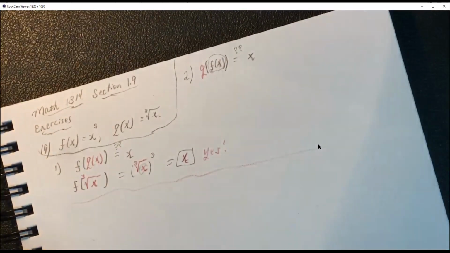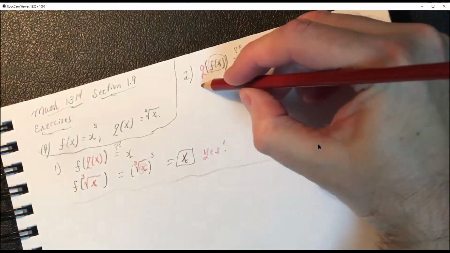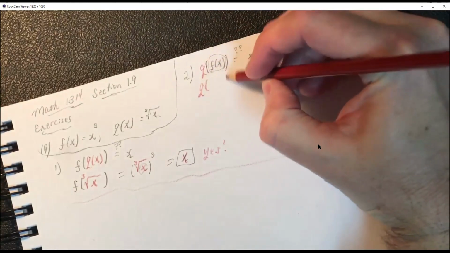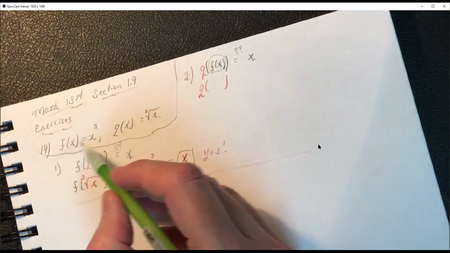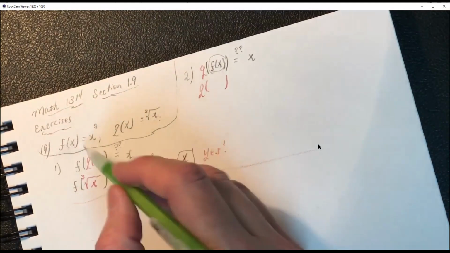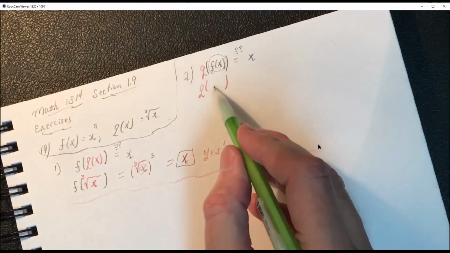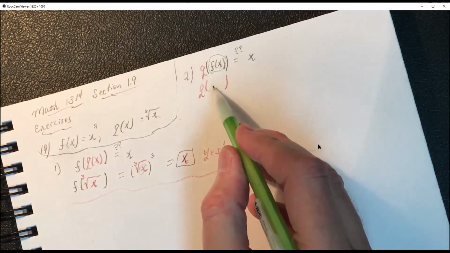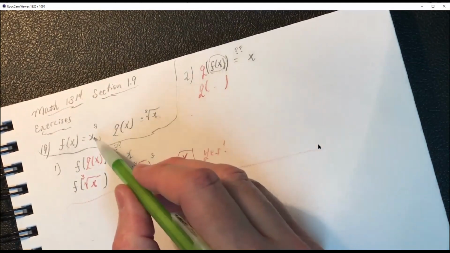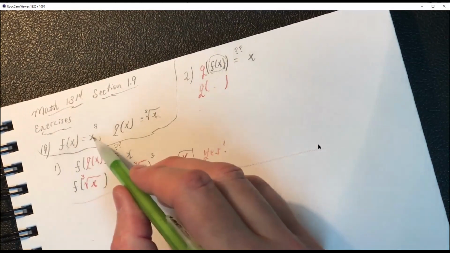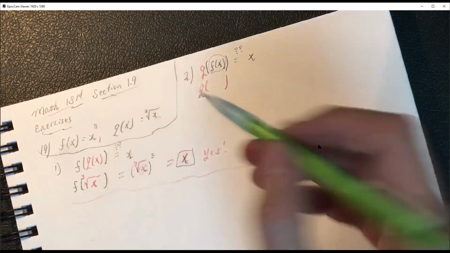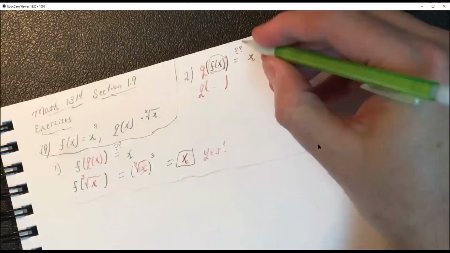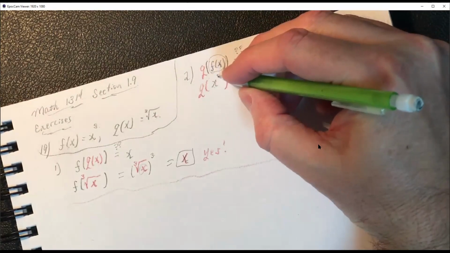So instead of putting a number into x and getting a range numerical value and putting the numerical value here, we're going to put the range algebraic expression. So if you put any x into this equation, you're not going to get a number answer, you're just going to get x cubed still. So that's all we can do because it's general for any x value.